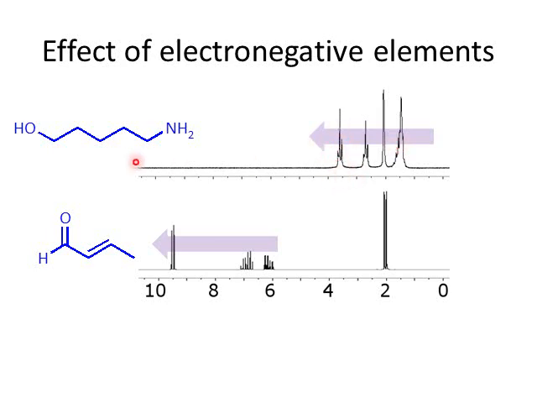So this signal, for instance, is for the CH2 that's next door to this oxygen. This signal is for the CH2 that's attached to this nitrogen. Because nitrogen is not as strongly electronegative as oxygen, it's shifted less compared to the one by oxygen.